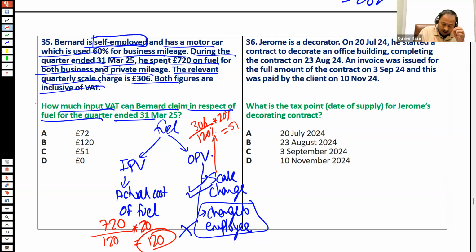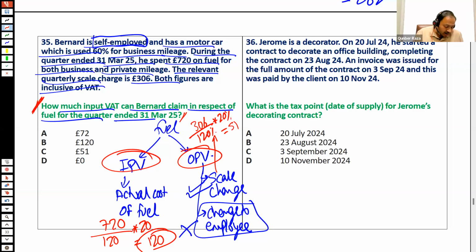Okay. If I read the requirement again, how much input VAT can Bernard claim in respect of fuel? So this is input, this is output. One possible approach would be someone would say it would be 120 minus 51, or someone would say it would be simply 120.